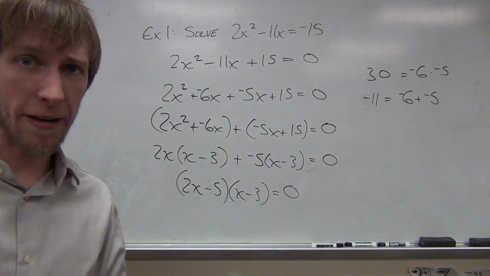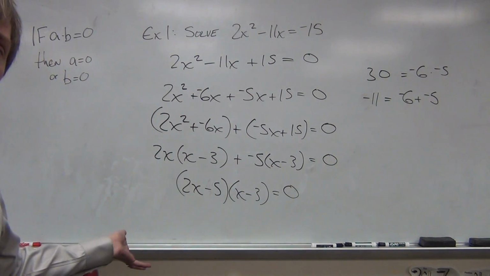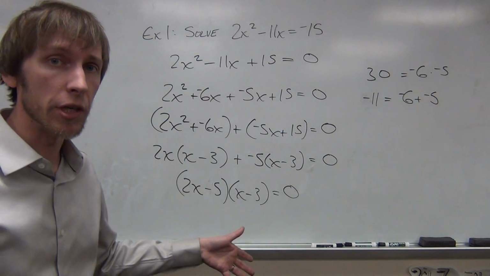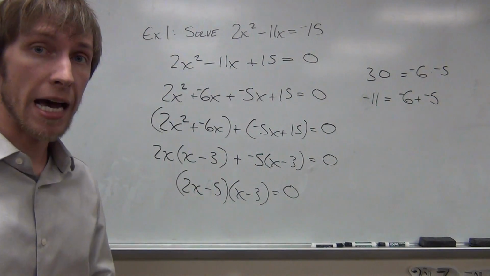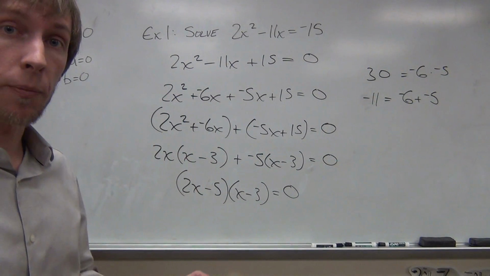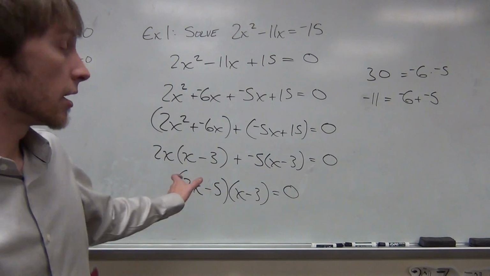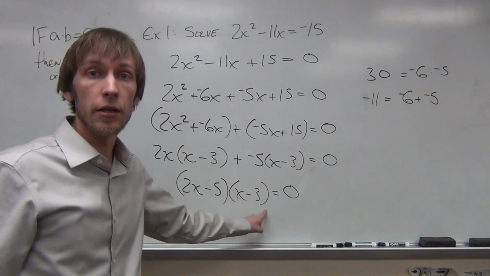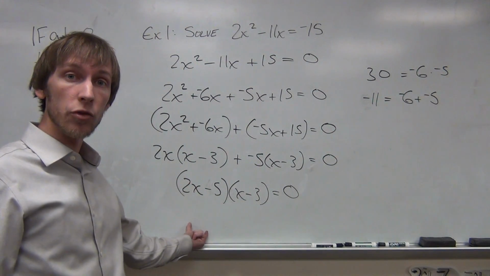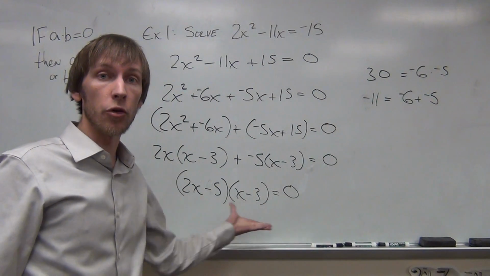All right, so we have that factored. We have 2x minus 5 multiplied by x minus 3 is equal to 0. This now will let us create two separate equations. Watch again. A times b equals 0. That means A equals 0 or B equals 0, or they're both 0.